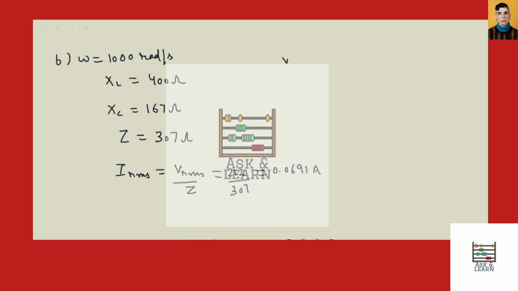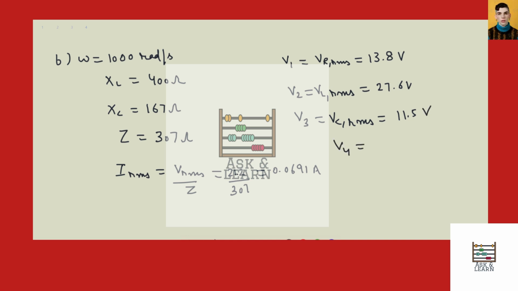Therefore V1 equals VR RMS, which equals 13.8 volt. V2 equals VL RMS, which equals 27.6 volt. V3 equals VC RMS, which equals 11.5 volt.